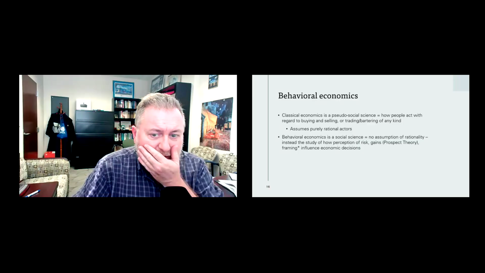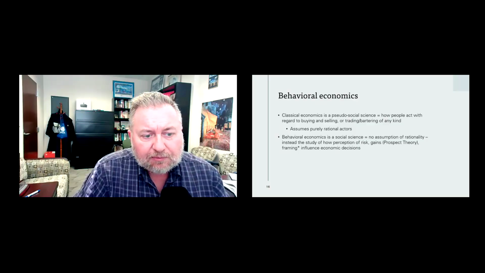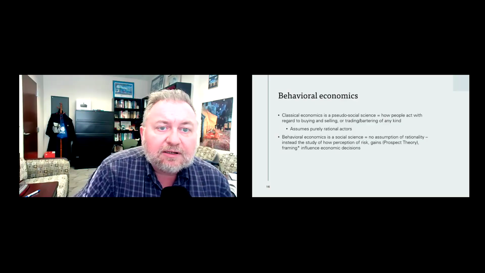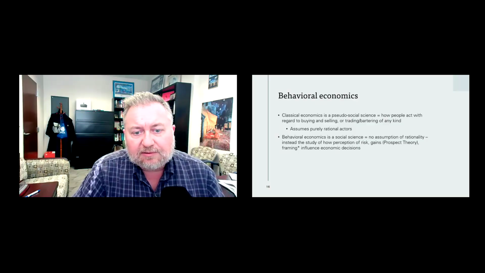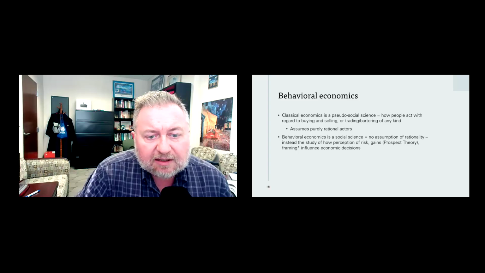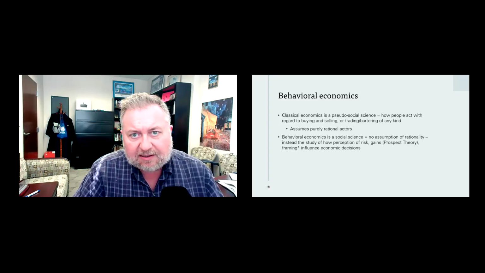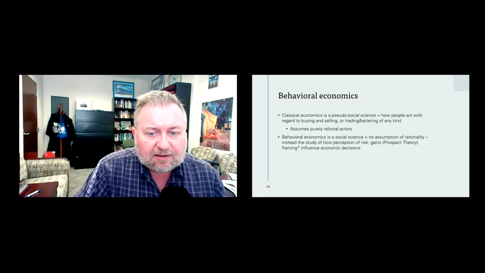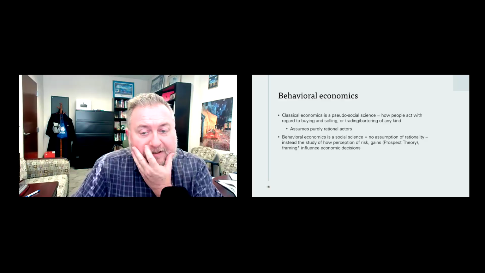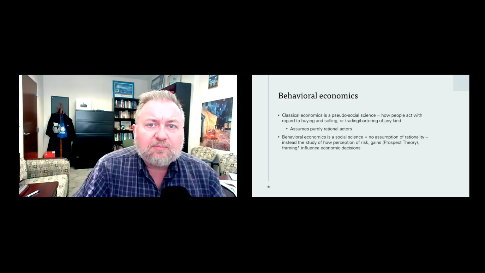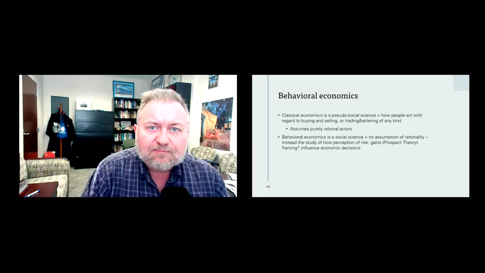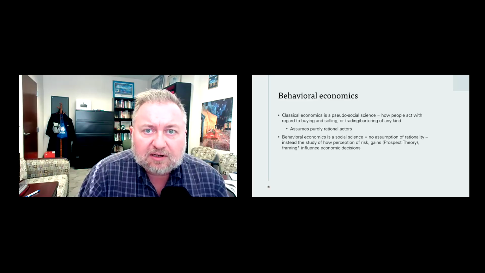Now, I've been mentioning economics here. So we want to make a distinction between classical economics and behavioral economics. Here I'm calling classical economics a pseudo-social science. What does that mean? I'm not calling it a pseudoscience, but it's a social science in a sense, right? Because it's about money, and that's usually thought of as a numbers game, but it's really about how people make decisions with money.